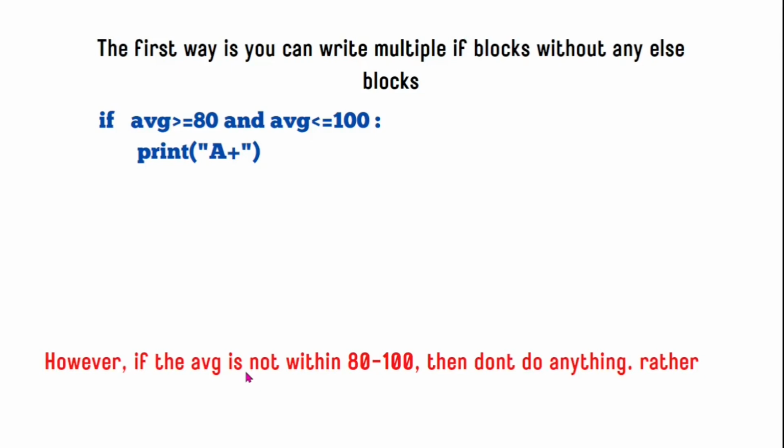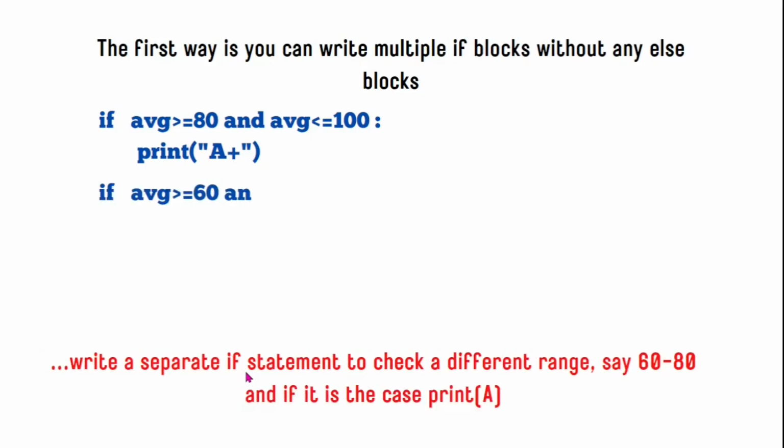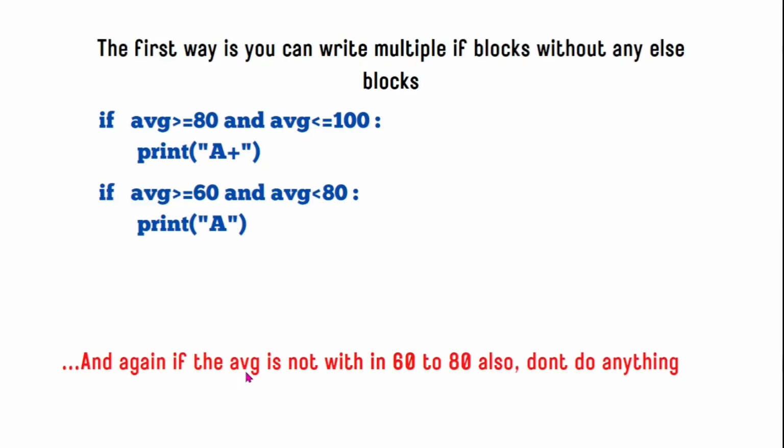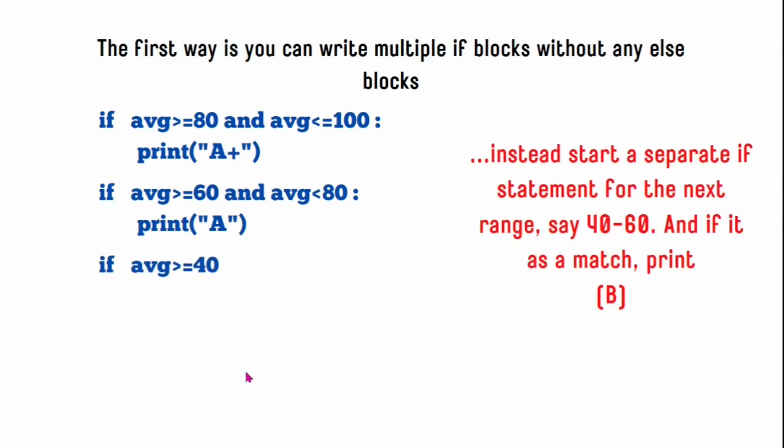Rather, write a separate if statement to check a different range, say 60 to 80. And if it is the case, print A. And again, if the average is not within 60 to 80 also, do not do anything. Instead, start a separate if statement for the next range, say 40 to 60.